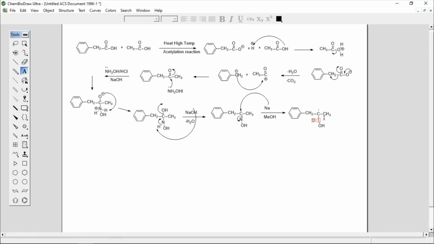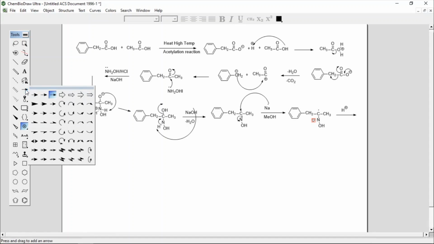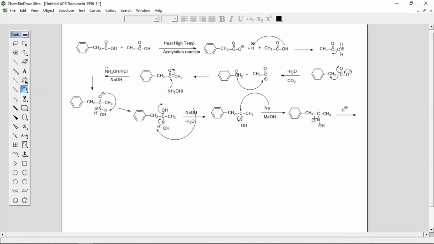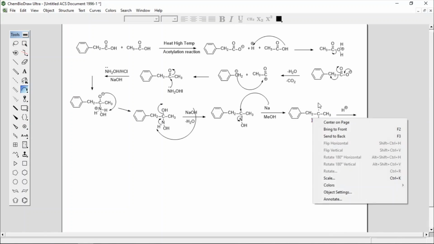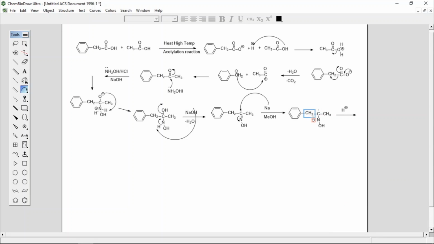So H plus, this N minus will take this proton and convert to NH.